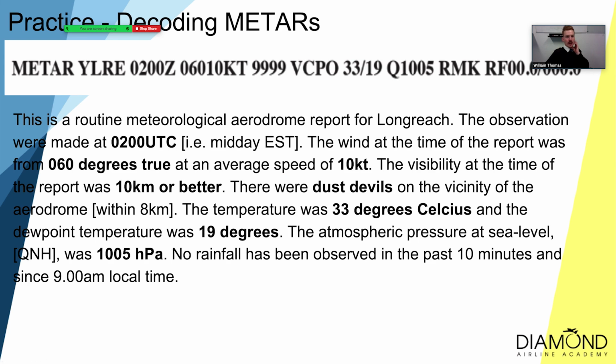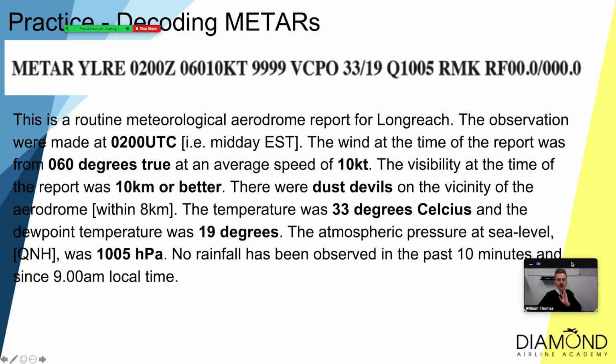All right, here's what it looks like all smashed together. So let's have a little look and go through these. So METAR, Longreach, issued on the 0200 Zulu, wind coming from 060 degrees true at 10 knots, greater than 10 kilometers visibility.